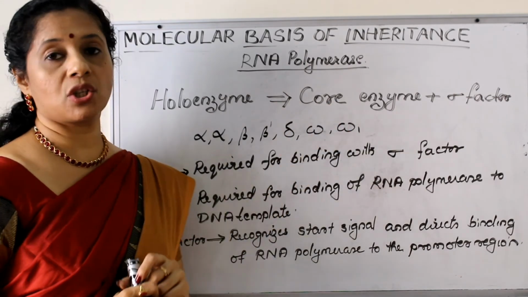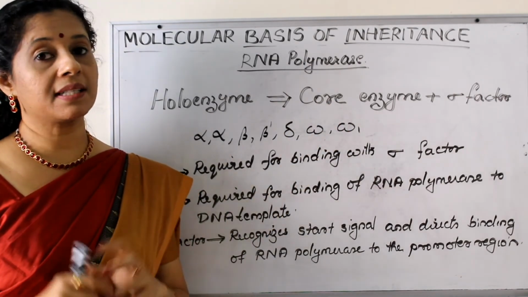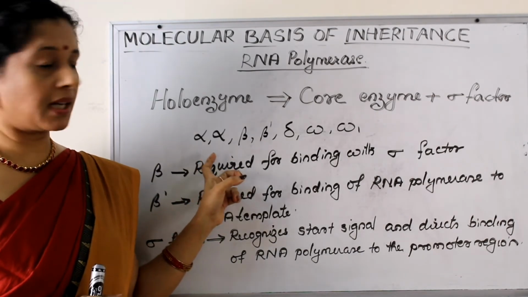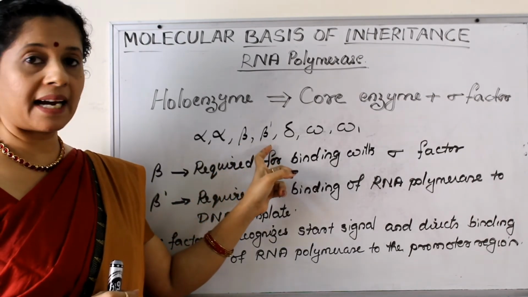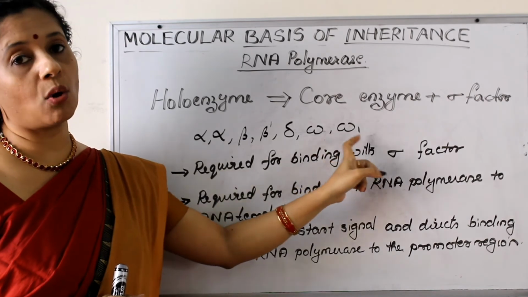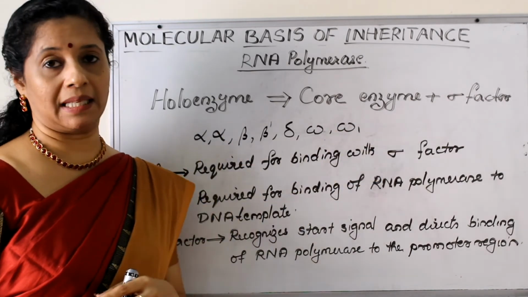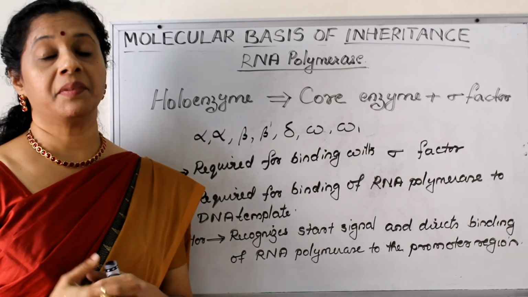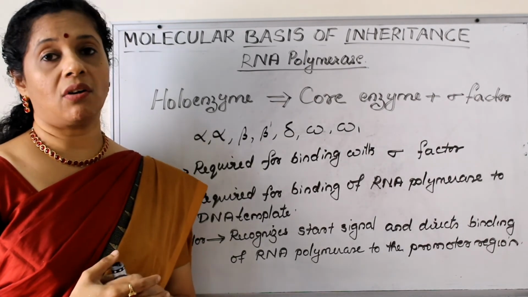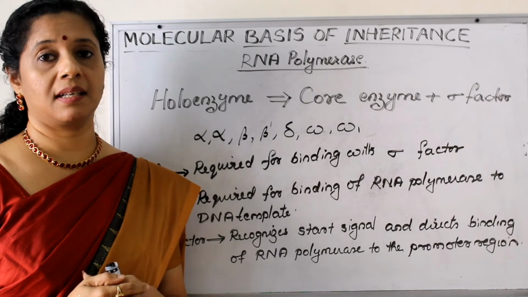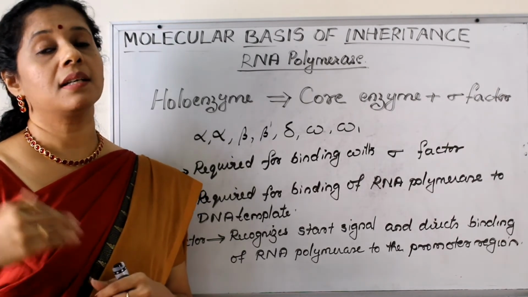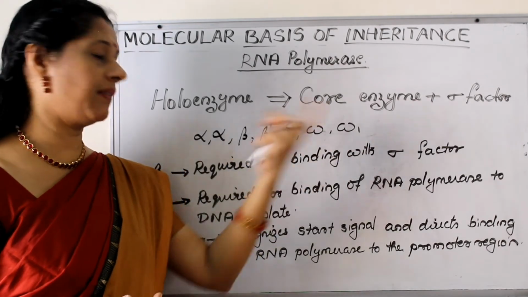Now if you look at the structure of core enzyme, it has different subunits. They are alpha, two alpha subunits are there, beta, beta dash, delta, omega. Omega 1 and omega 2 may be there, but it need not be present in all bacteria. Some, like Escherichia coli, have only 4 polypeptides, like 2 alpha and beta, beta dash, whereas some other bacteria may have 7 types.